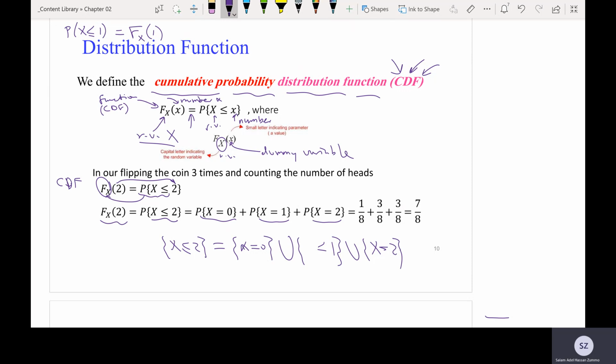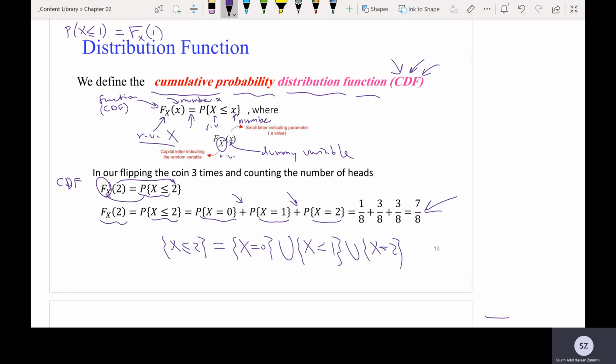How can you describe these events, guys? Independent? What are these events? Mutually exclusive. Because they are mutually exclusive, we add. And this gives you Fx of 2 equals 1 over 8 plus 3 over 8 plus 3 over 8, which is 7 over 8.